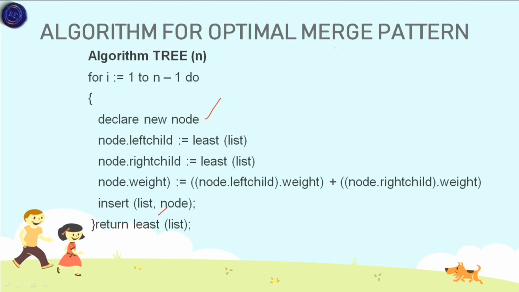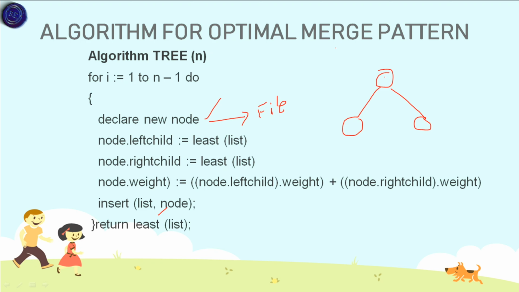This new node represents the new file. The left child node is the least in the list, and the right child node is also the least in the list.